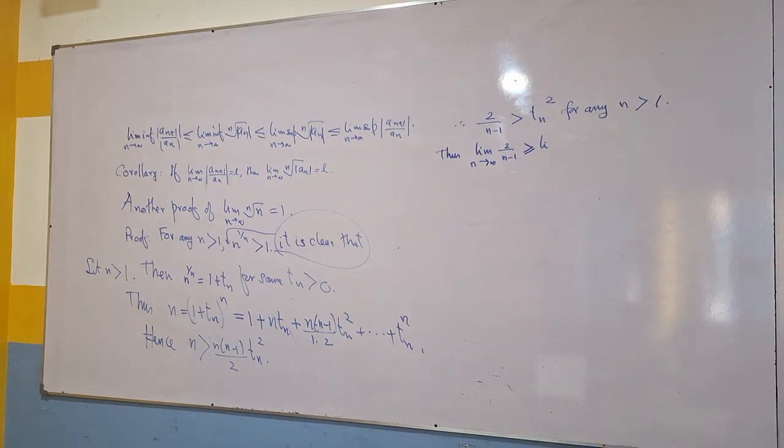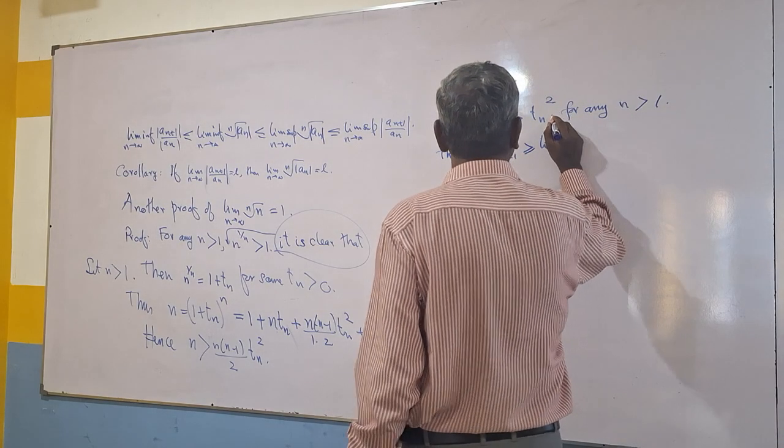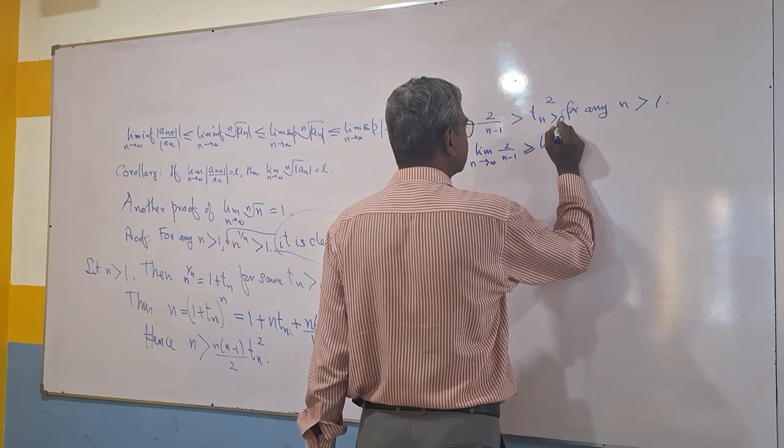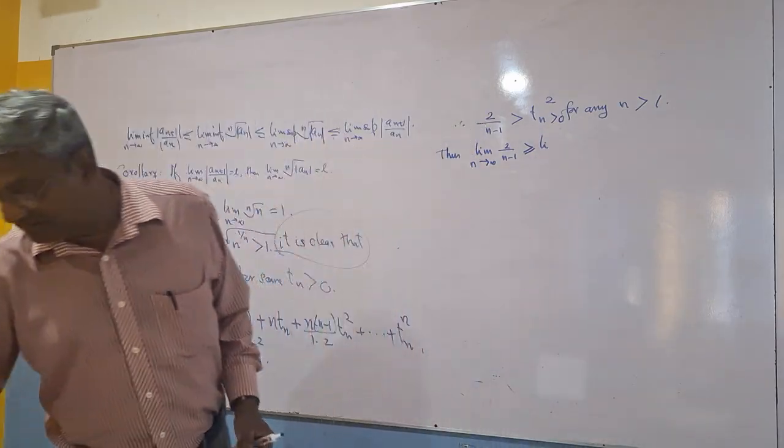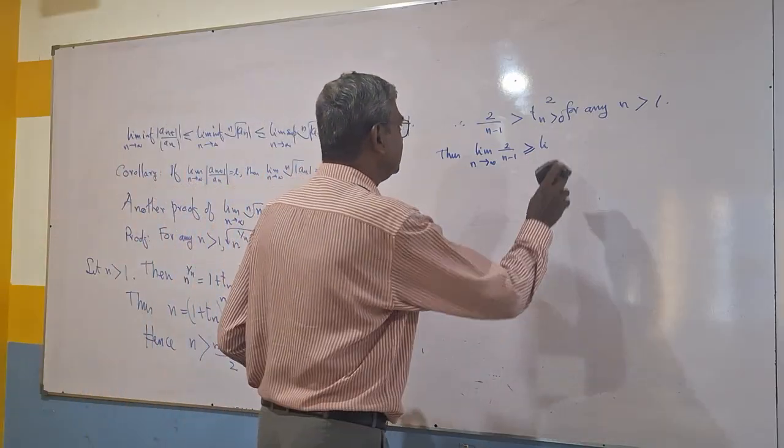Take the squeeze test. Tn squared is greater than 0. Just write greater than 0, otherwise it will become illogical.